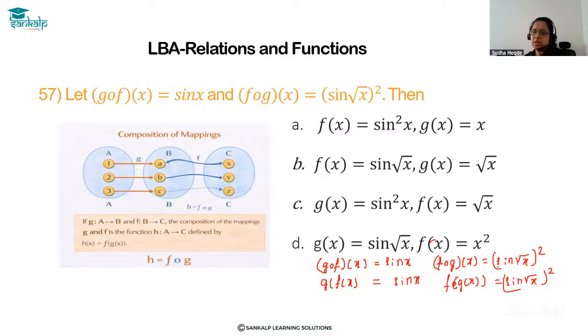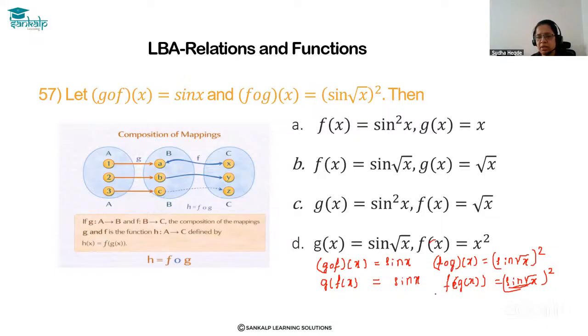See, from the second, f∘g(x), what can you conclude? Inside the bracket will be g(x), right? Then what is f(x)?